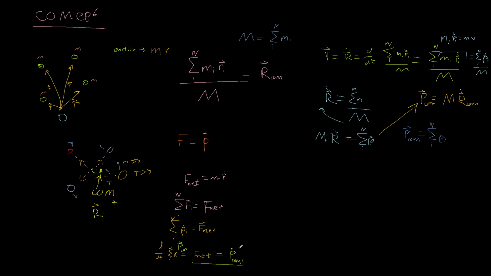This is pretty much the conservation of momentum right there. Since we know from Newton's third law that all of our forces cancel in a closed system, F net is equal to 0, which implies that the change in the momentum of the center of mass is equal to 0.